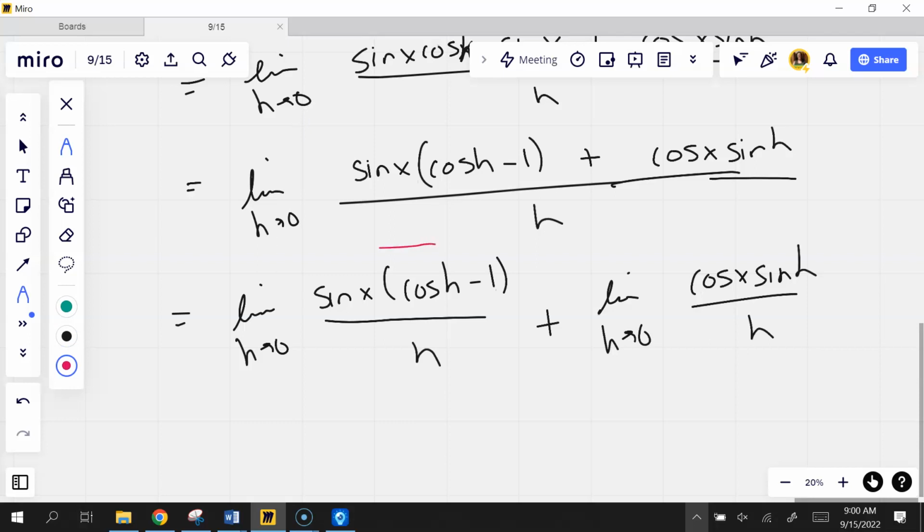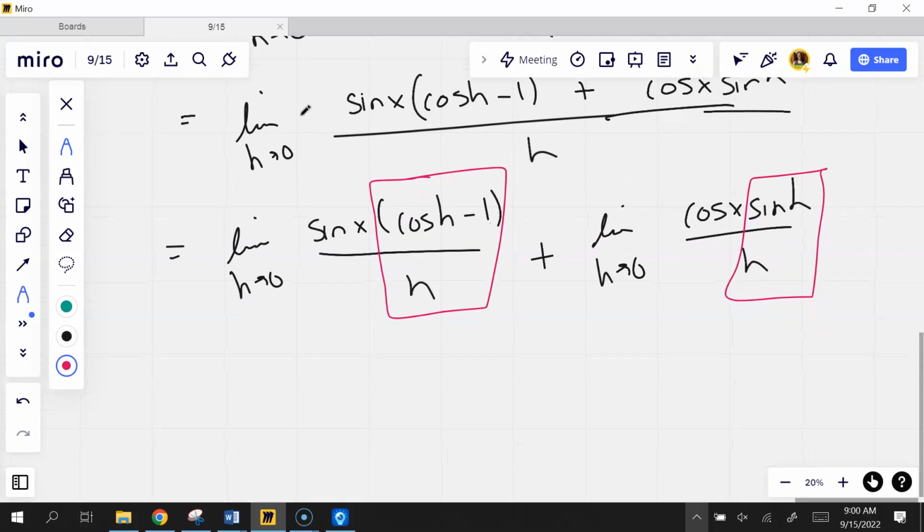This looks like something I might could work with because they have the same variables. So maybe I say, okay, another property of limits. The limit as h goes to 0 of sine x times the limit as h goes to 0 of cosine h minus 1 over h.